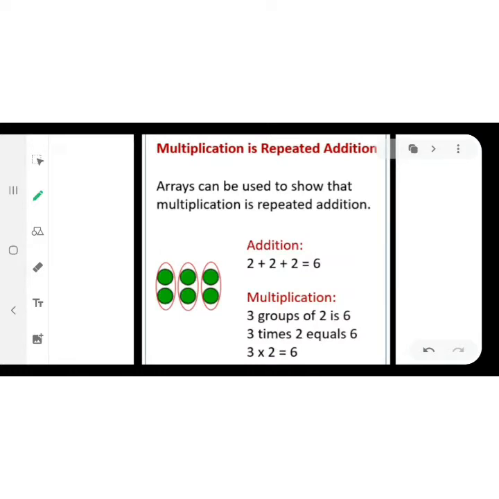With one more example you can see in this picture, multiplication is repeated addition, and arrays can be used to show that multiplication is repeated addition. As you can see here, total 6 balls are shown here with the sets of 2 in each set. 2 balls are in each set.